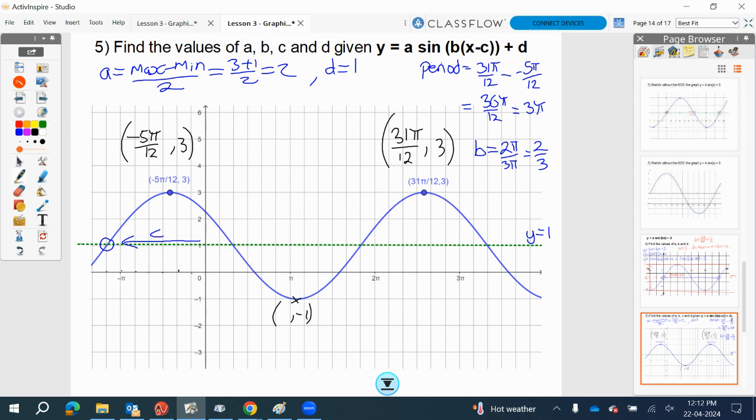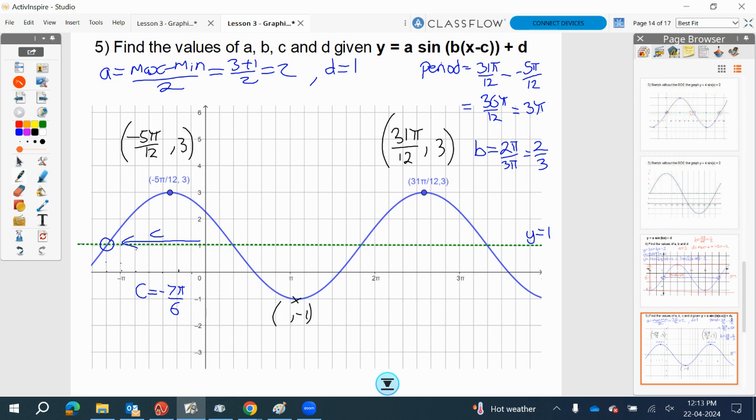So in this case, this is a negative value of C, and we're coming back 1, 2, 3, 4, 5, 6. So these grid lines are pi over 6s, and we go 1, 2, 3, 4, 5, 6, 7. So C, we can see, is equal to minus 7 pi over 6.